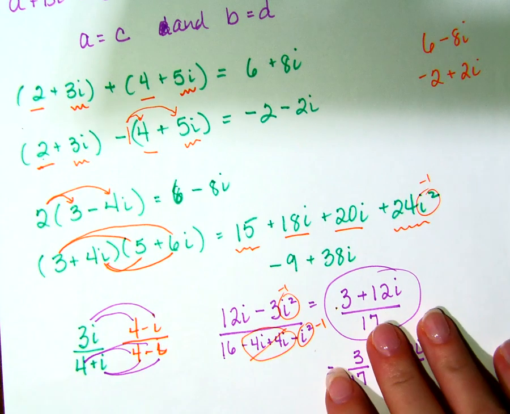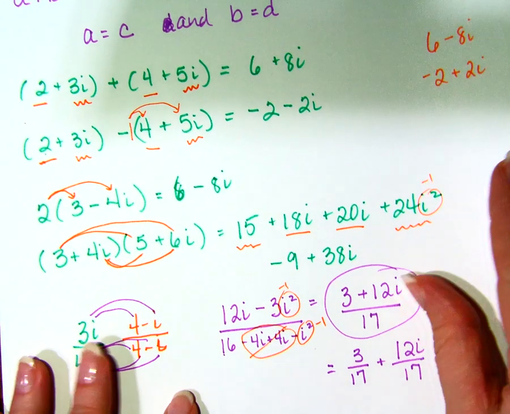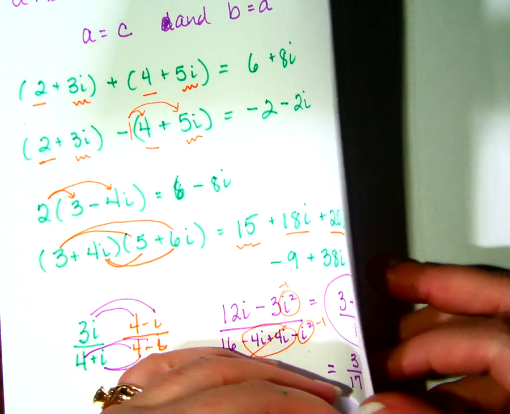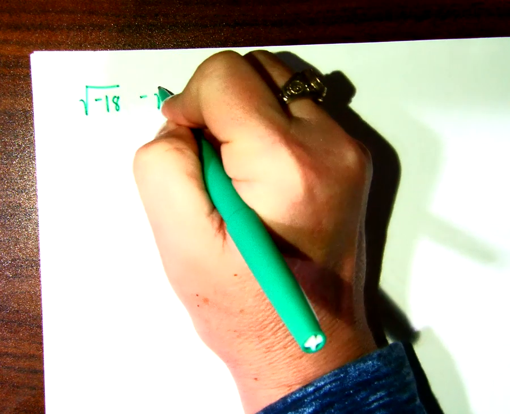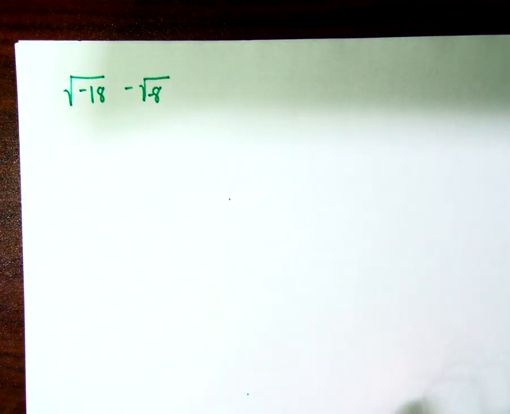Okay, let's do some operations with square roots of negative numbers. Here's what I mean. If I say the square root of negative 18 minus the square root of negative 8, is that something I can simplify?